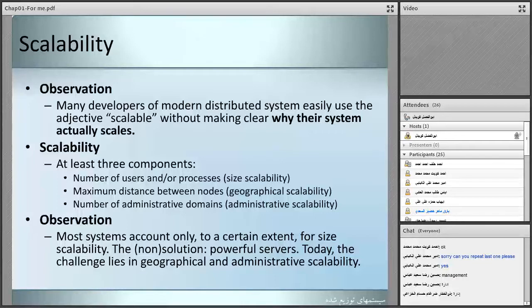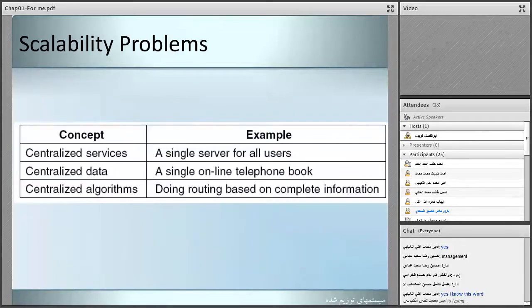In distributed systems, usually we have more than one administrative domain. We don't have only one admin. So if the number of admins is increased and the performance is not decreased, our system is scalable in terms of administration. Good.